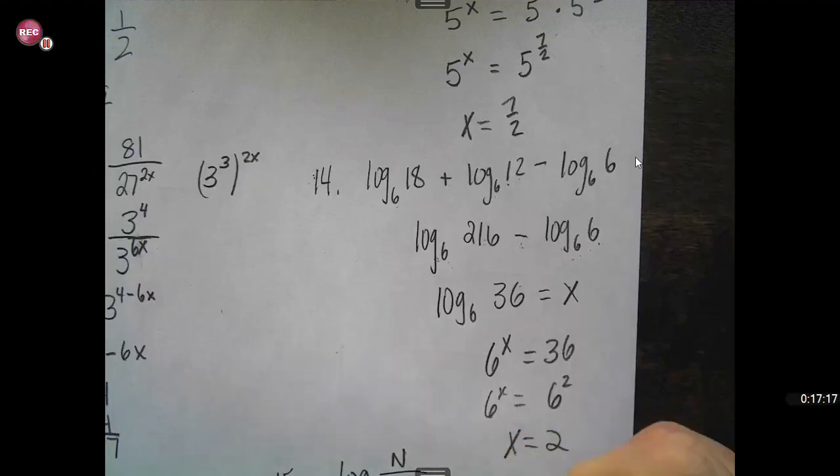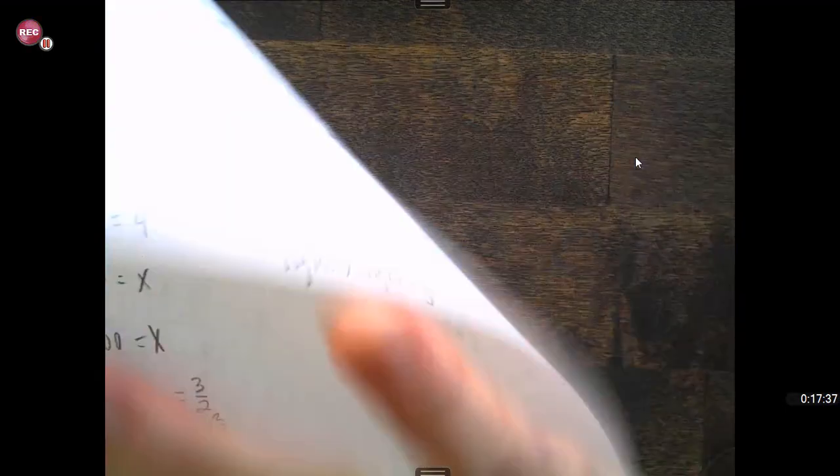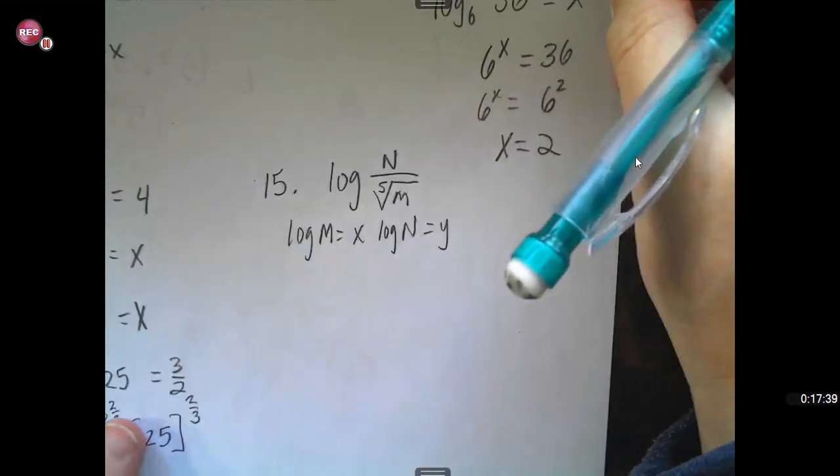And it tells us that log m equals x, and log n equals y. And we want to express this in terms of x and y. Okay? So there's the problem they gave us.